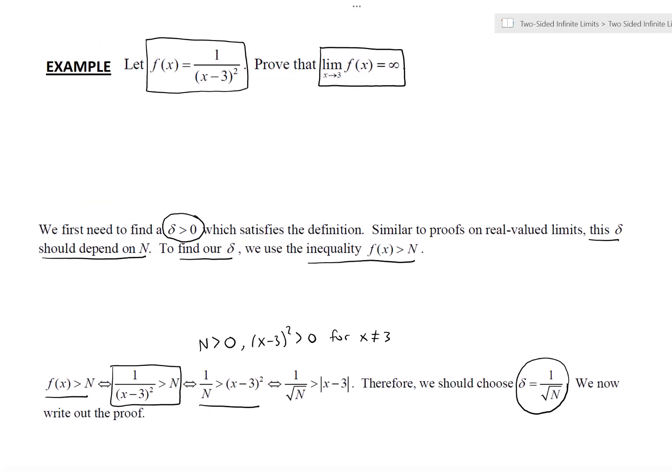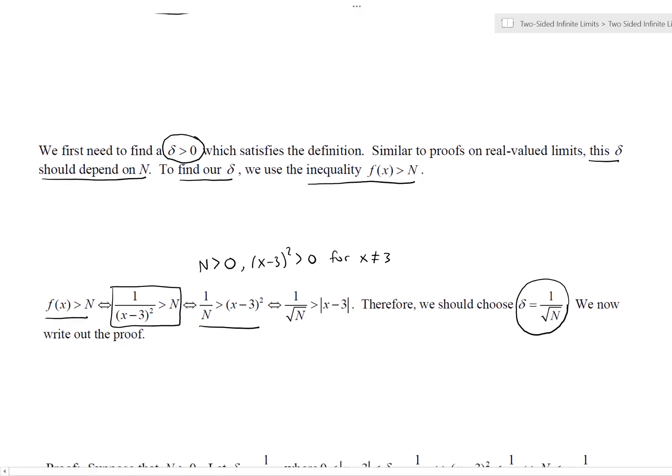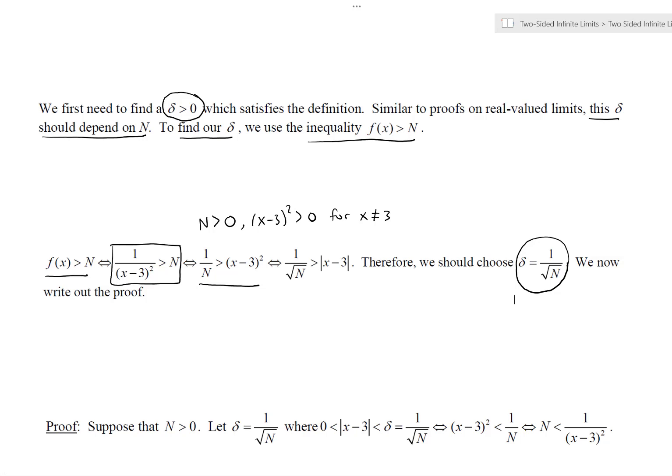So now we'll write out the proof, based on the delta we found. Let's suppose we have some n bigger than 0, and let's let delta be 1 over the square root of n, which of course is also going to be positive. Then, if we consider the inequality 0 less than the magnitude of x minus 3 less than delta, well, delta is equal to 1 over the square root of n, so we just square both sides.